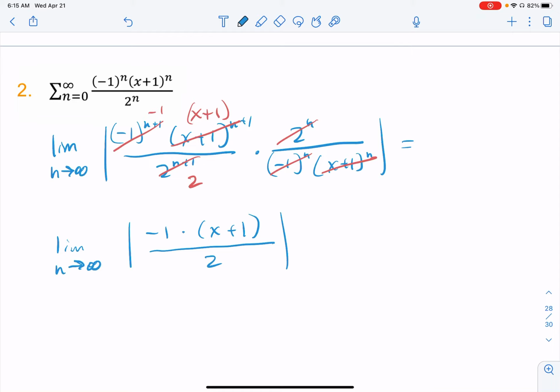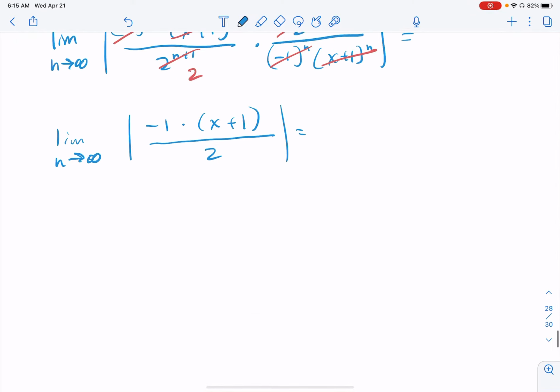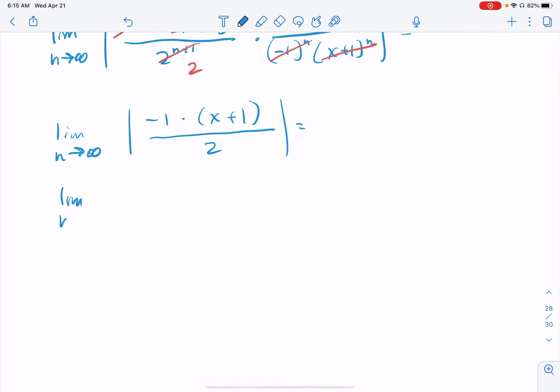As far as this goes, the only thing that really needs the absolute value is the x plus 1, because the absolute value of negative 1 is just 1, and the 2 is already a positive number. Maybe I rewrite this one more time. This is just the absolute value of x plus 1 over 2.